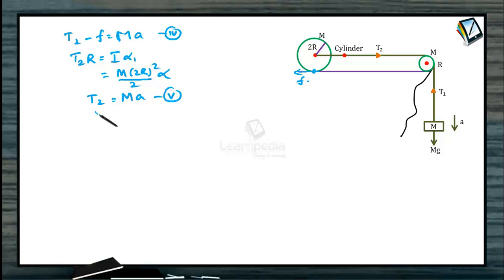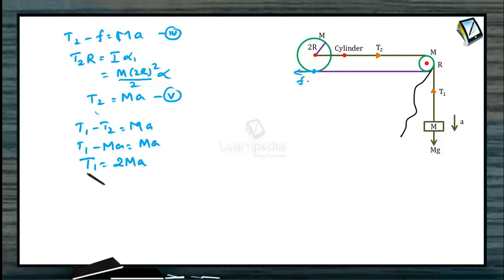Now substituting the value of T2 in the third equation, what are we going to get? T1 minus T2 is equal to MA. So I'll substitute T2 as MA. T1 minus MA is equal to MA, or T1 will be equal to 2 times MA.